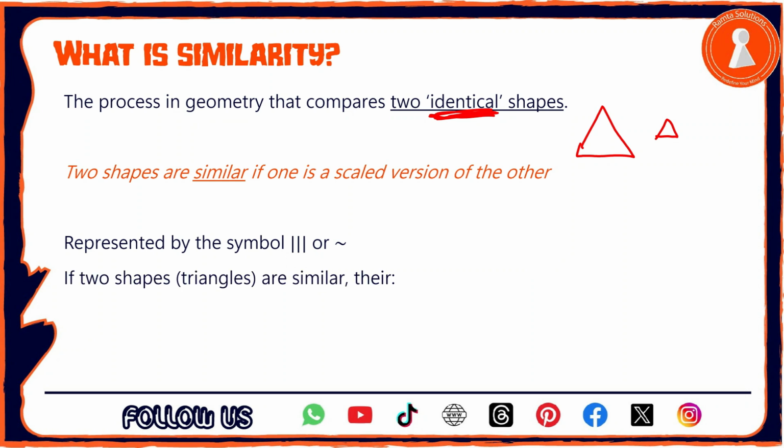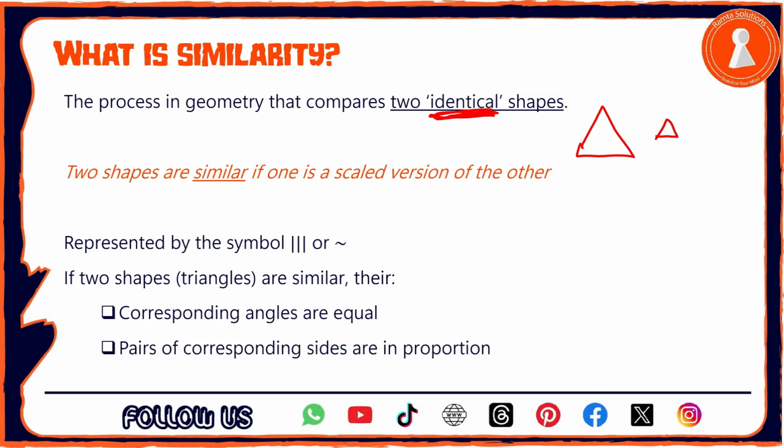All right. Now, in order for us to know that shapes or triangles are similar, two things must be true. One, the corresponding angles of those shapes must be equal. And secondly, the pairs of corresponding sides must be in proportion.